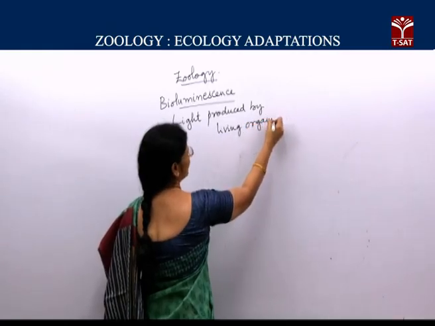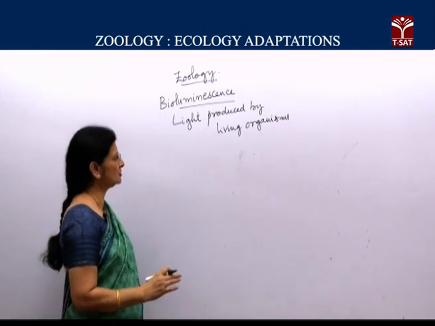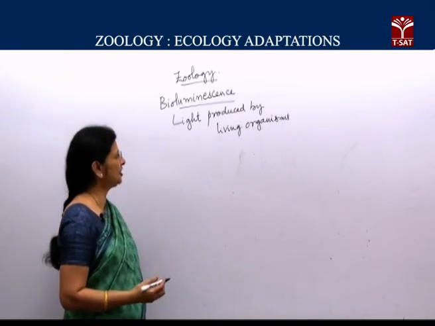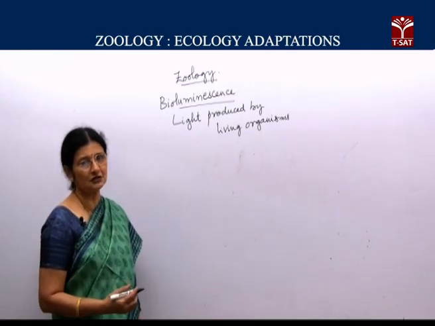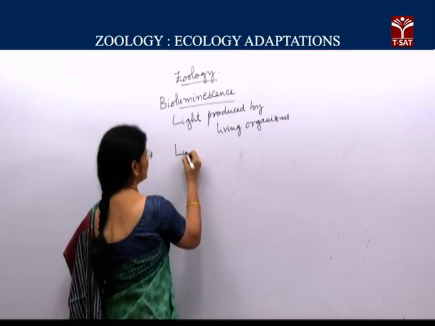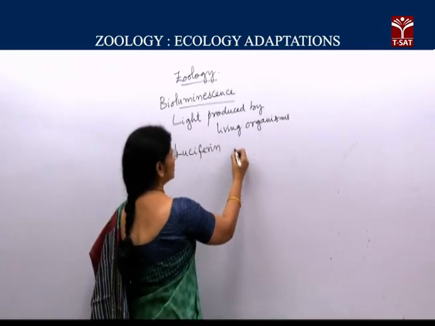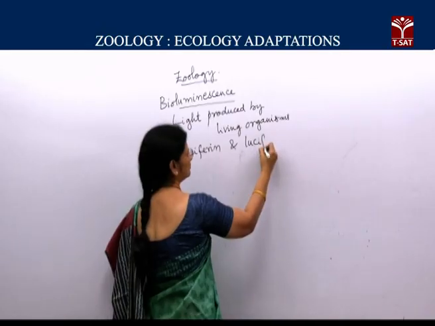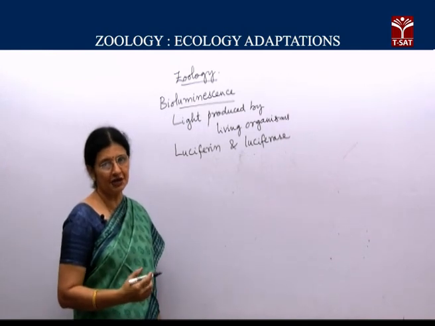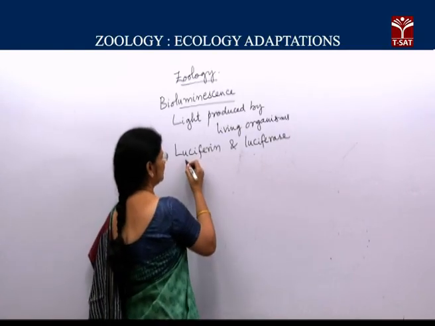Generally, sources of light are sunlight, moonlight, starlight, all these different sources of light. But sometimes living organisms, they also produce light. This is called bioluminescence. This bioluminescence is produced due to the presence of a protein called luciferin, which gets oxidized in the presence of an enzyme luciferase. These two proteins are responsible for production of light in the presence of oxygen.